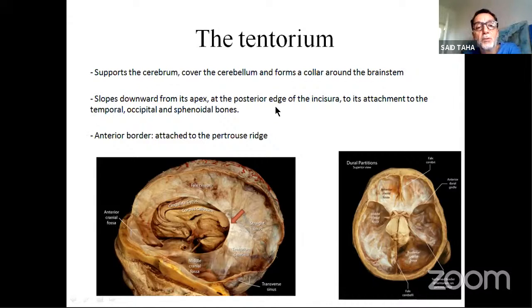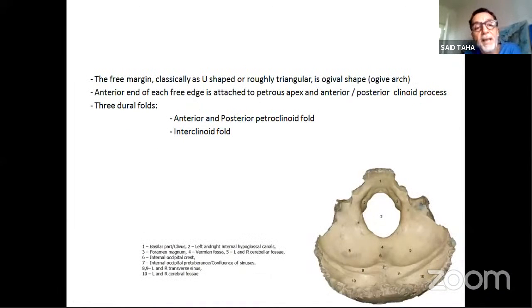It slopes down from its apex to the posterior edge of the incisura, to attachment in the inner surface of the occipital and temporal bone, and anteriorly to the petrous ridge, and the attachment of the free edge.